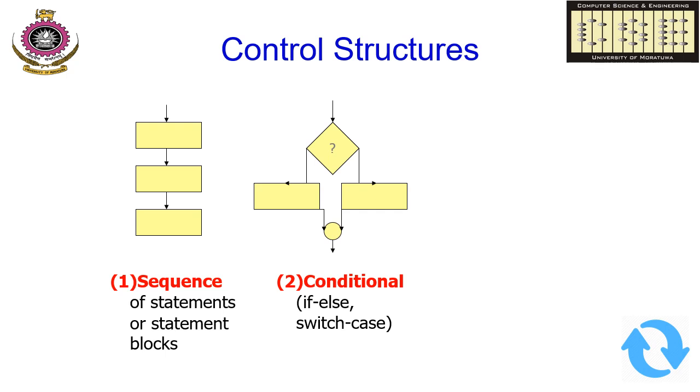If the condition is fulfilled, you go in a certain path, and if it is not, you go in another path. Eventually you arrive at a certain decision based on the condition. So the if else condition block is a common example for that kind of control structure, the conditional control structure.